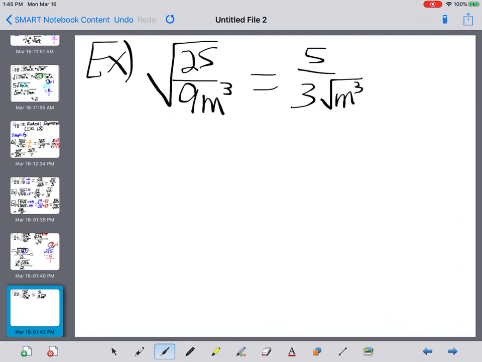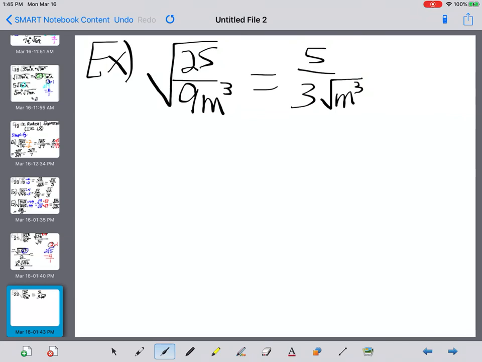Okay, so to continue this, we can rationalize the denominator just like we could if I had a number. So basically, I want to get that m to the third to come away.